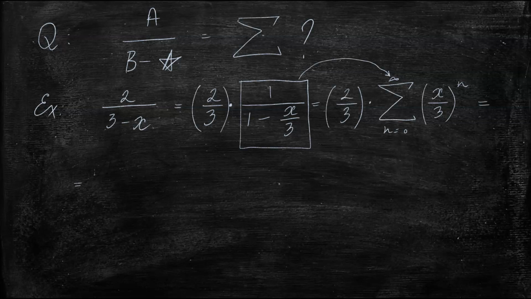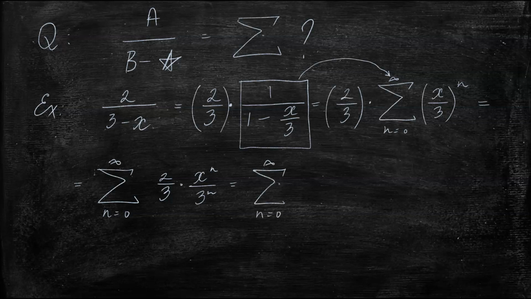So I'm going to bring the coefficient back into the series. So we have 2/3 times x to the n over 3 to the n. And now putting things together gives me the following. We have 2 over 3 to the power n plus 1 times x to the power n.